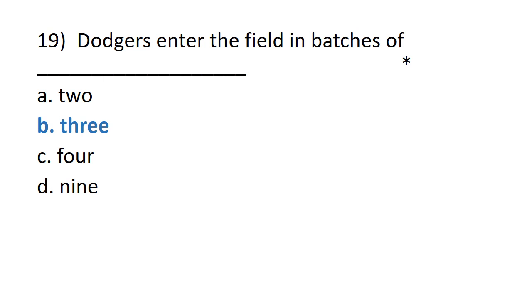And Dodgers enter the field in batches of 3. In one batch, there are 3 players. So 2 is the wrong answer, 3 is the right answer, 4 is also wrong, and 9 is also wrong, because in Kho Kho the Dodgers enter the field in batches of 3.